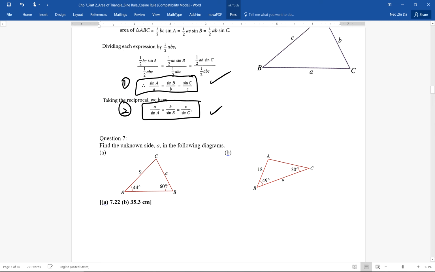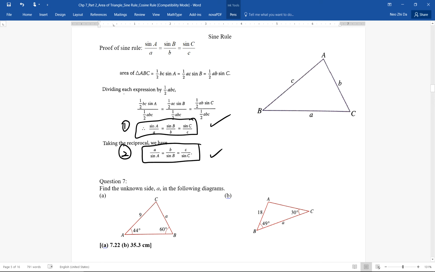So first and foremost, let's talk about this A over sine A. So basically, they are saying if you take the length and the corresponding angle you sine it, the ratio is going to be the same as if you take B over sine B. Okay, the ratio is going to be the same. So what am I trying to say? If I take A, then I must use the angle directly opposite it.